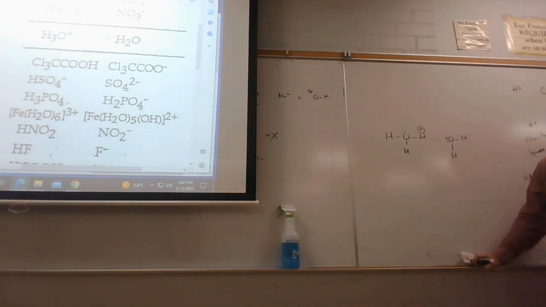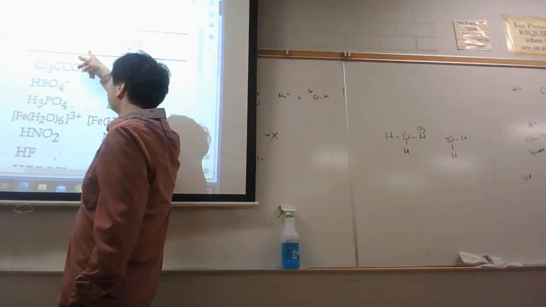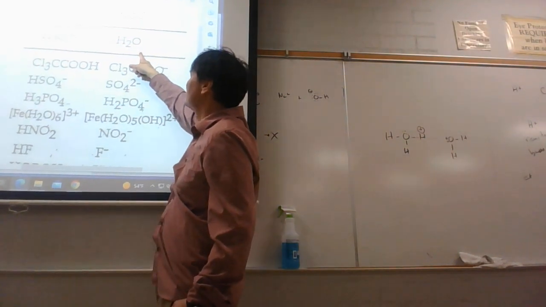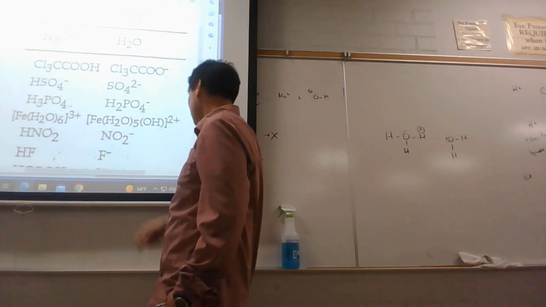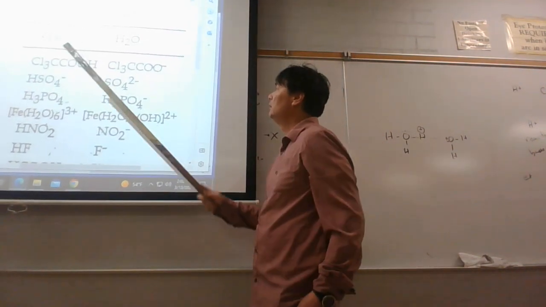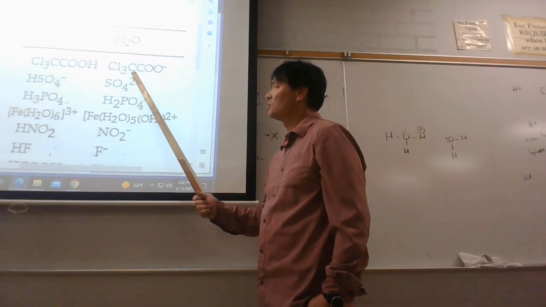It's going to be a tie. So H3O plus and the base H2O is a tie. So what I need is a stronger base than H2O. Well, what's a stronger base than H2O? Is nitrate stronger or is trichloroacetate stronger?